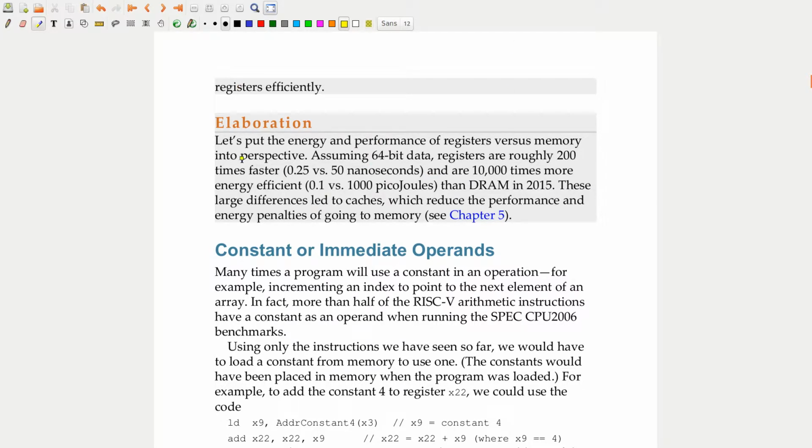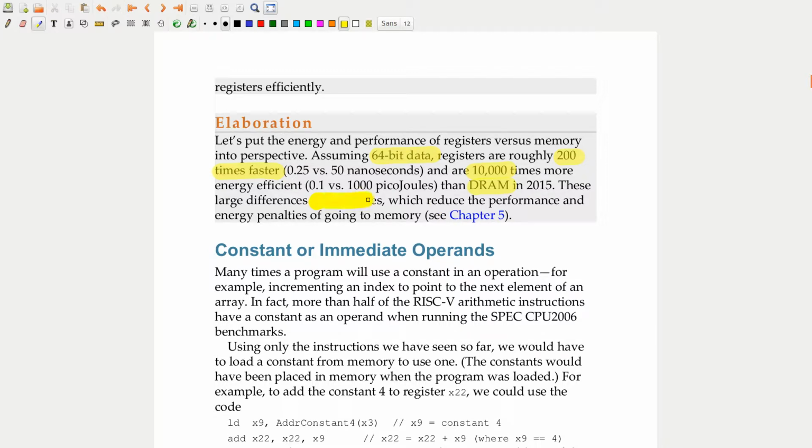Okay, let's talk about energy for a second. If we have 64-bit data, registers are very fast. They're 200 times faster and 10,000 times more energy efficient than DRAM. 200 times faster than DRAM. Very, very fast.